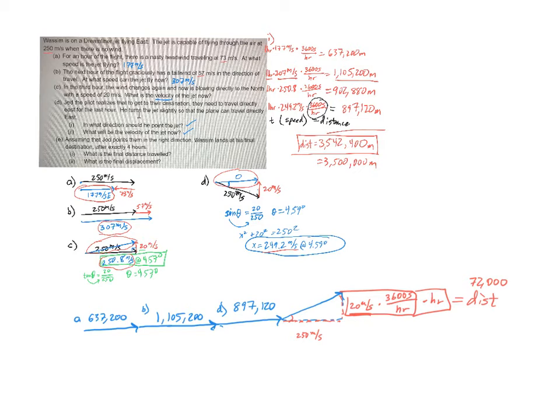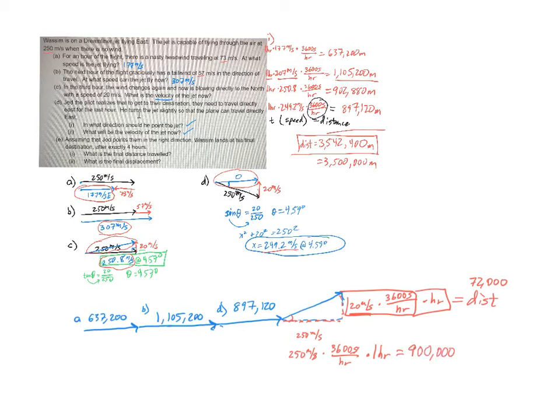The same idea, right? I'm going to take that 250 meters per second, turn it into meters per hour. Seconds cancel out, leave me with meters per hour, and then I'll multiply by 1 hour so that it gives me the total meters, which will be 900,000.